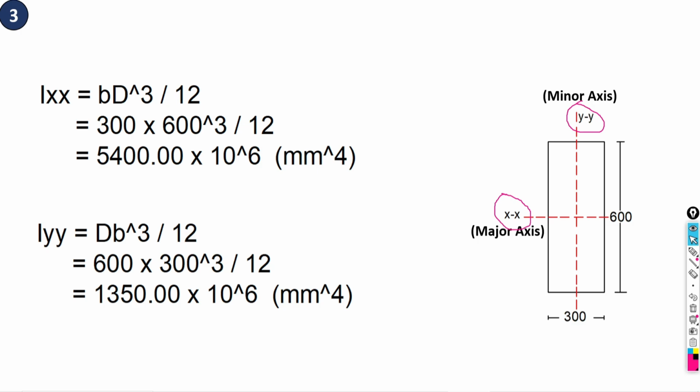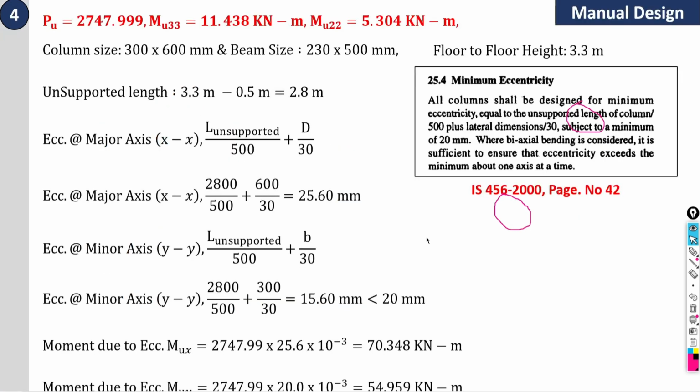Hope you all understood. Now next, my dear friend, I am going to start the calculation for your column design. We have the analysis values for the proposed column: 2747.999, with moment about the major axis, which you can represent as 3 or as xx.